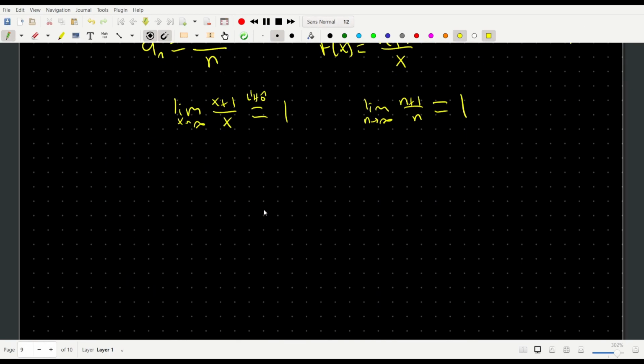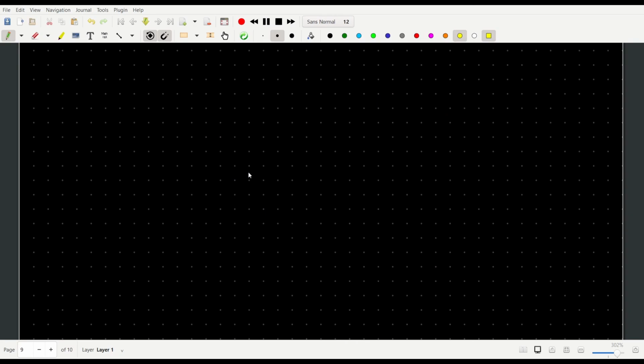One final very important theorem that's a little bit more advanced is related to the previous theorem, and this is called the continuous function theorem.